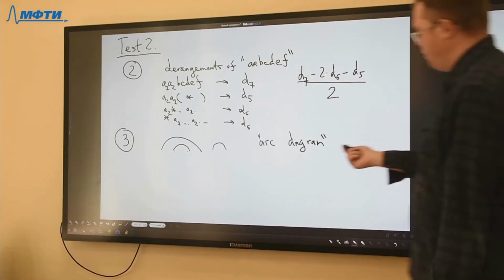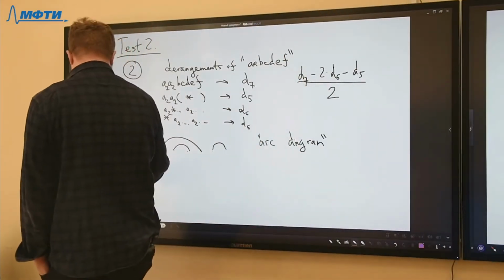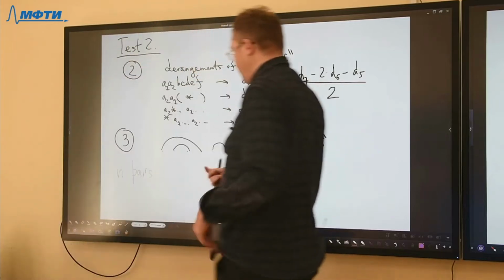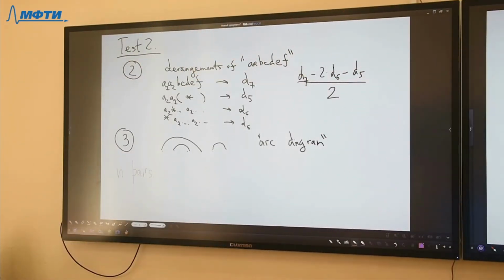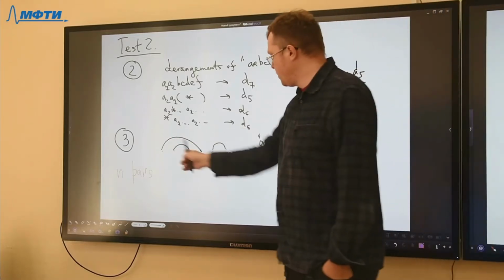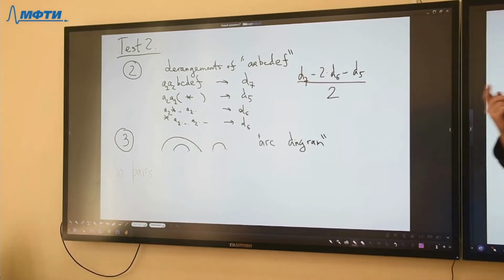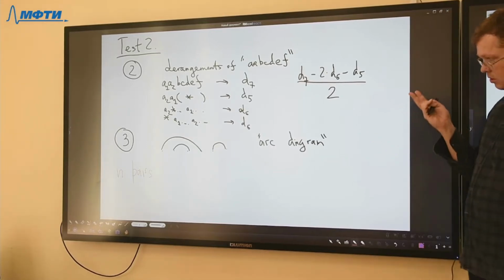So if we have n pairs, let's assume that we have n different colors, and we want to calculate how many colorings there are of these 2n points, such that for each color there are 2 elements.